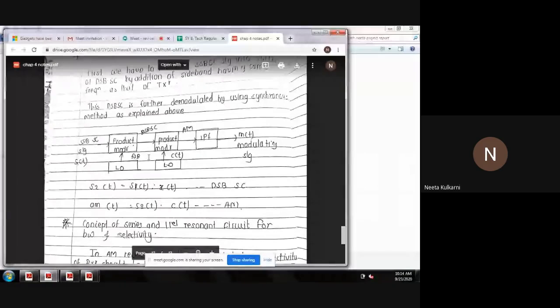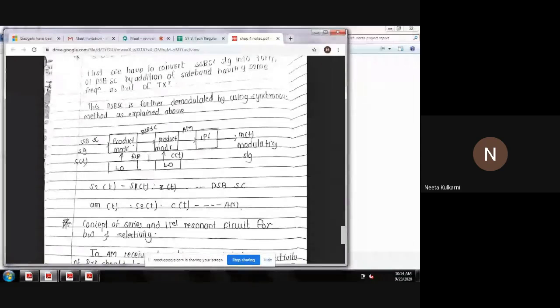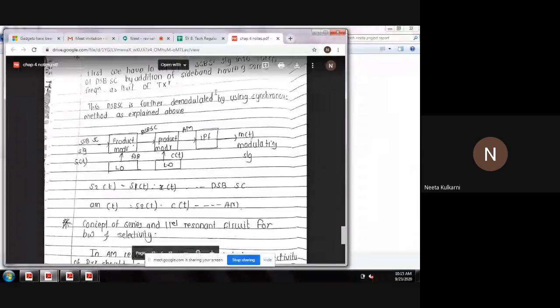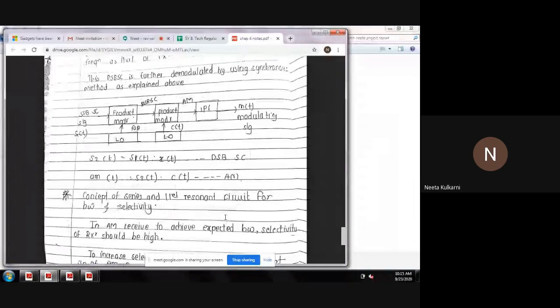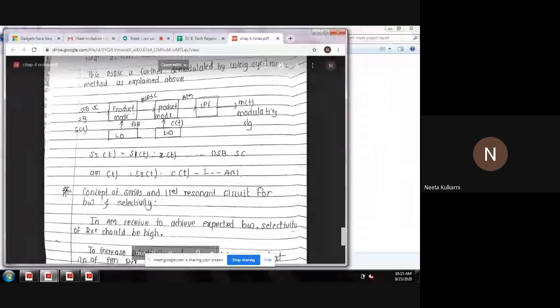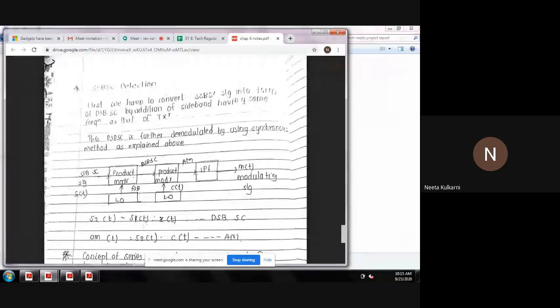So if the question is asked on AM demodulator किंवा AM detector, you have to write envelope detector or rectifier detector. The DSB-SC demodulator म्हटलं तर in that case you have to write this synchronous method. If SSB-SC is asked, this particular diagram you have to write.